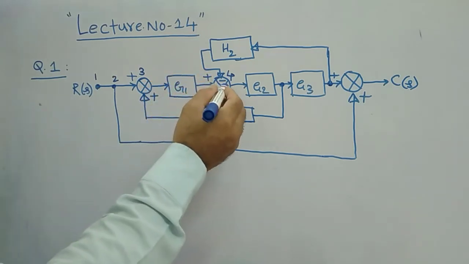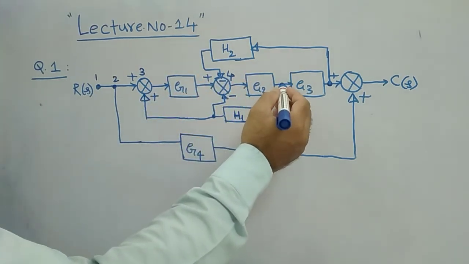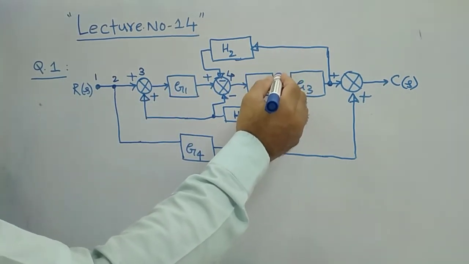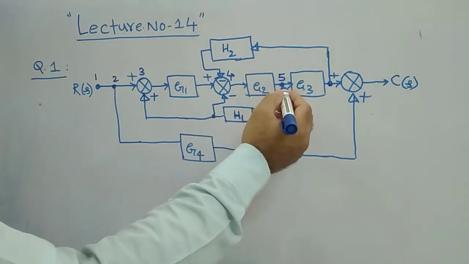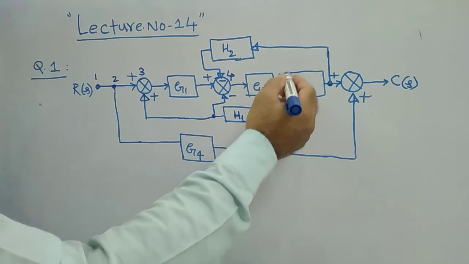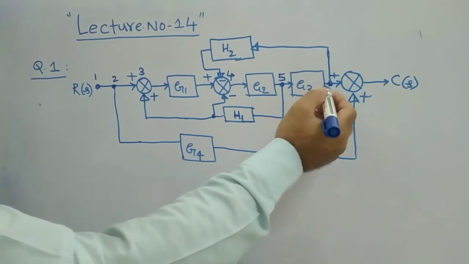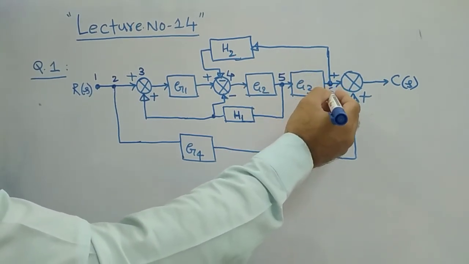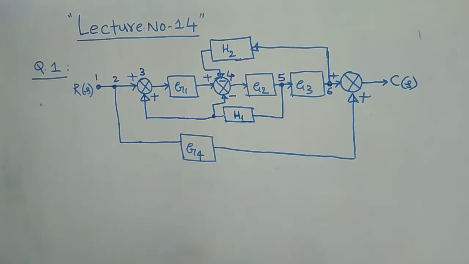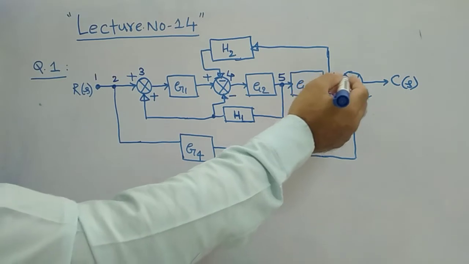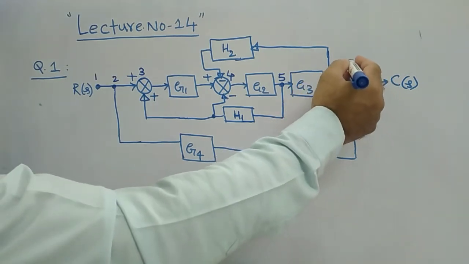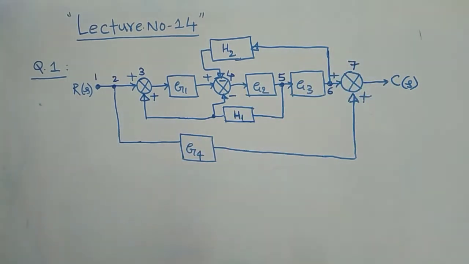After 4 there is a takeoff point, that is the fifth node. After the fifth node there is another takeoff point, consider this as the sixth node. After this takeoff point there is a summing point, consider this as your seventh node.